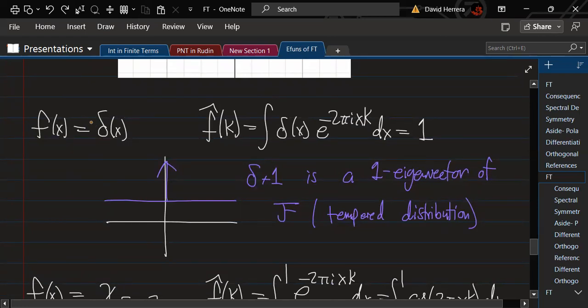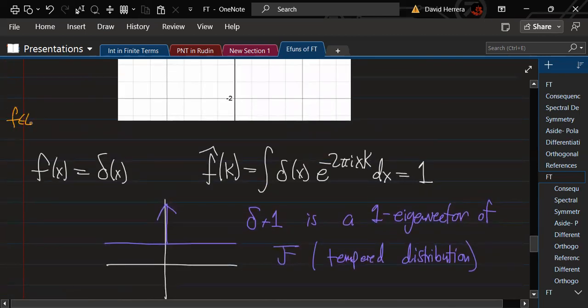I just wanted to mention it briefly because you could have Fourier transforms of things that are not in L1, which is the functions that we started off talking about with the Fourier transform. Maybe not even in L2. You can find functions that are in between L1 and L2 using interpolation methods. However, the Dirac delta is in none of these. It's not even really a function.